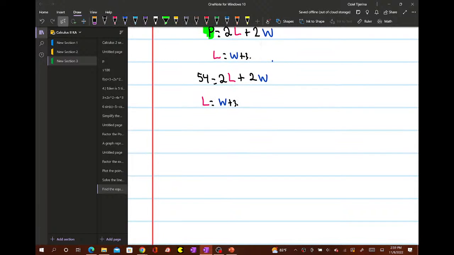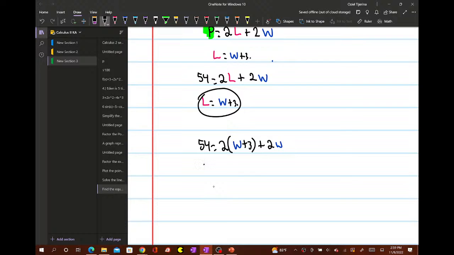So keeping that in mind, we can substitute this for L. Doing so, we have 54 equals 2 times the quantity W plus 3, and then plus 2W, right?